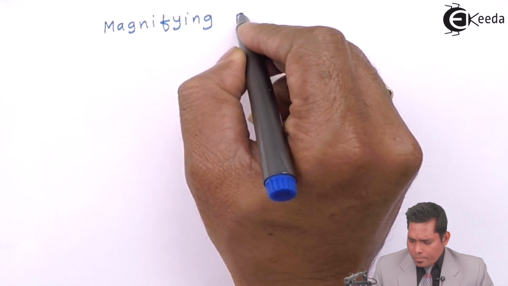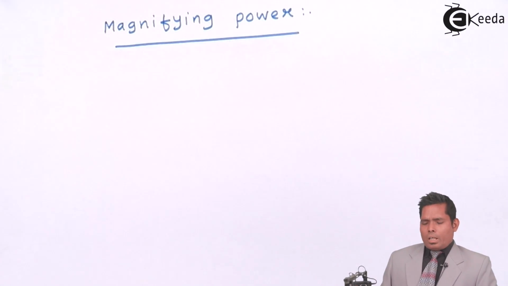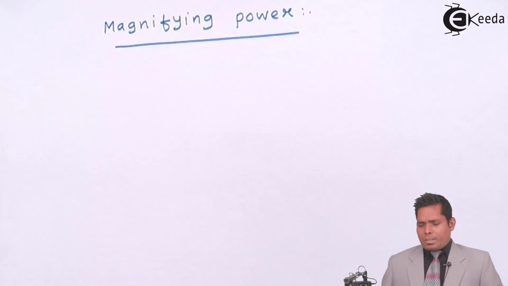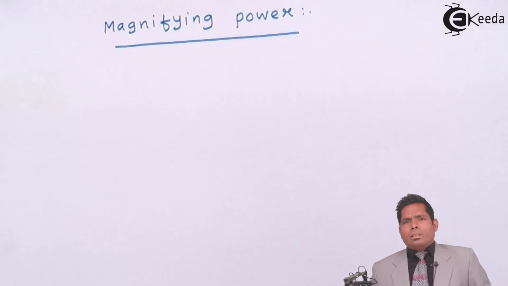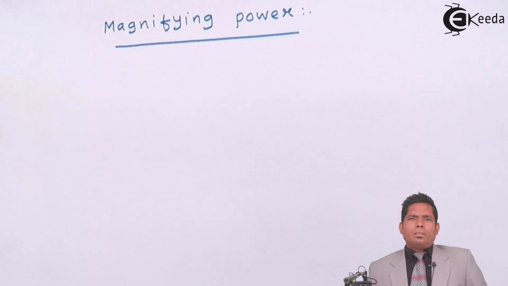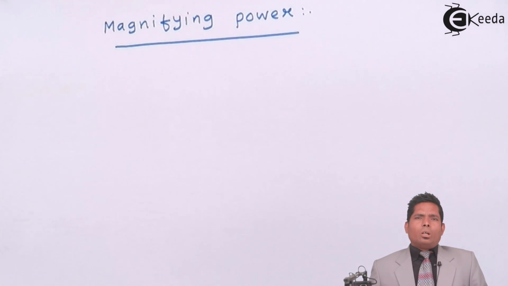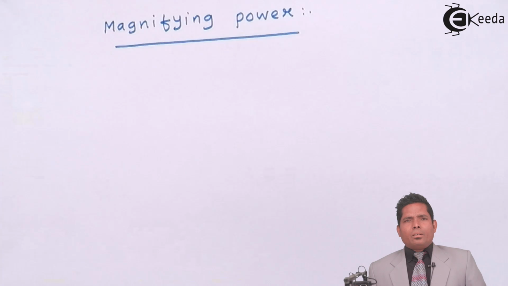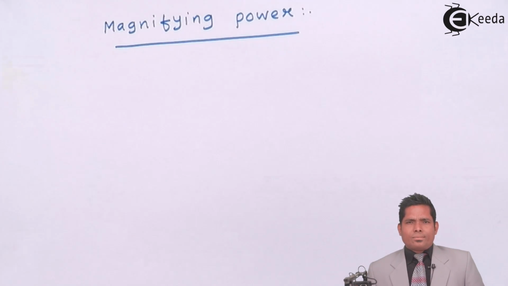Now, magnifying power. The definition of magnifying power is that it is the angle subtended by the final image at the eye to the angle subtended by the object at the lens.